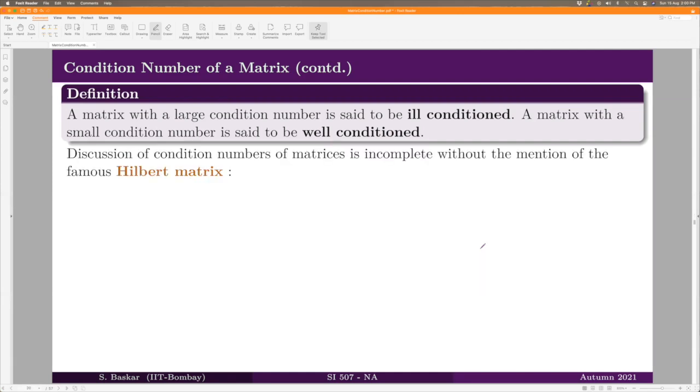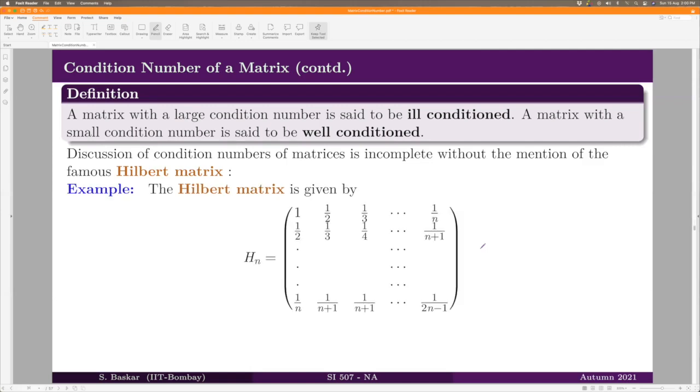There is a very famous matrix called Hilbert matrix, which comes quite often in many practical applications. Even if you don't want it, it just comes. Okay. The matrix is given like this. Hn is equal to 1, 1 by 2, 1 by 3, like that it goes on, 1 by n. Similarly, in the column also 1 by 2, 1 by 3, like that it goes till 1 by n.